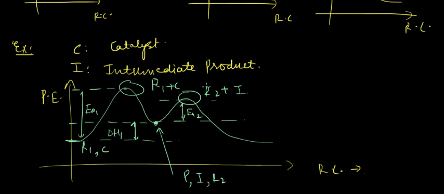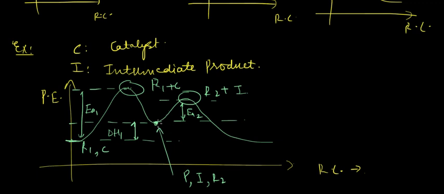Okay, and finally, in this activation complex R1 and C were clubbed together to form the intermediate or activation complex, and this C was consumed in the formation of this product and also in the activation complex.